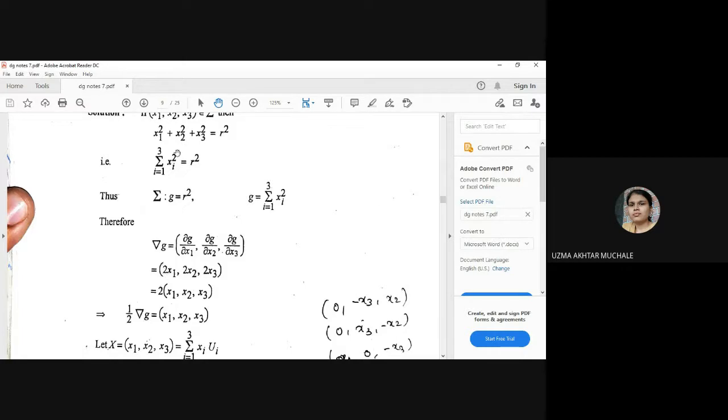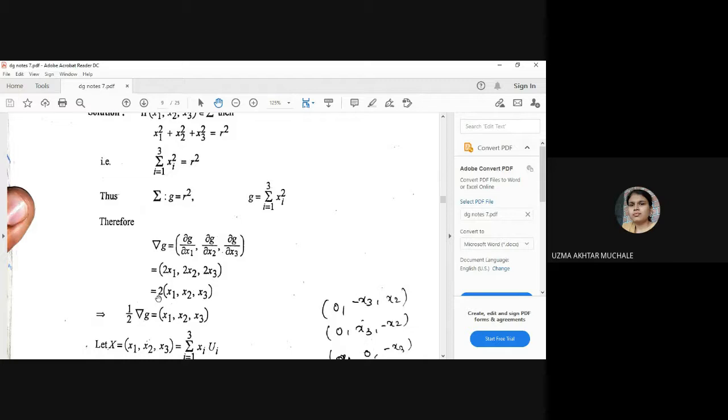The derivative with respect to x1 will be 2x1, but all other terms will be 0 because it is a partial derivative, so other terms are treated as constants. Similarly, the derivative of g with respect to x2 is 2x2, and the derivatives of x3 and x1 with respect to x2 are 0.